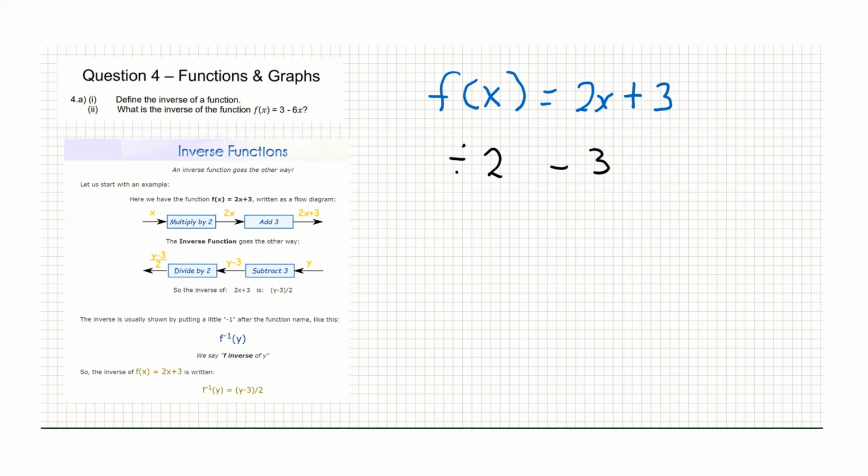So it'll be y minus 3 divided by 2, and it's written as f to the power of minus 1, which is the word inverse, of y. I think you had a similar idea. Again, I'm not all that familiar with it, but the important thing is just to recognize that it goes the opposite direction.